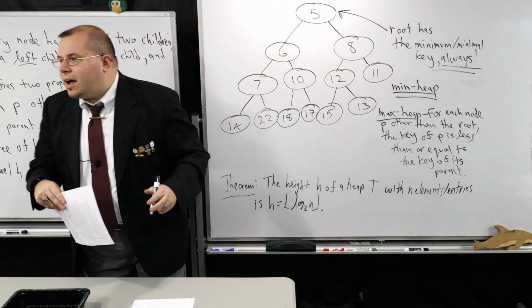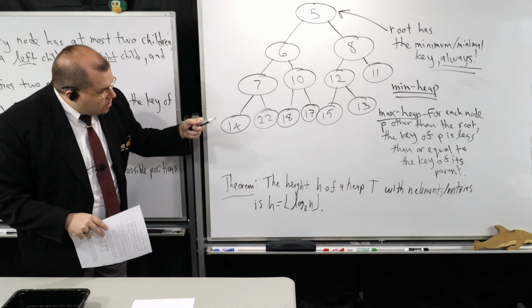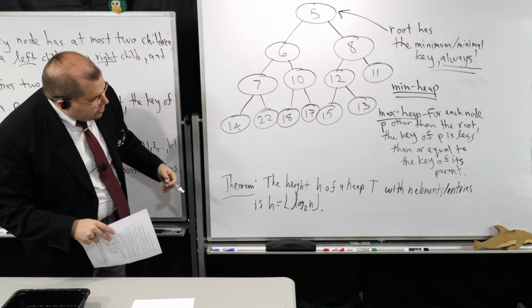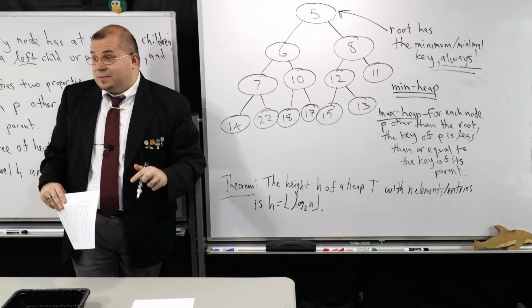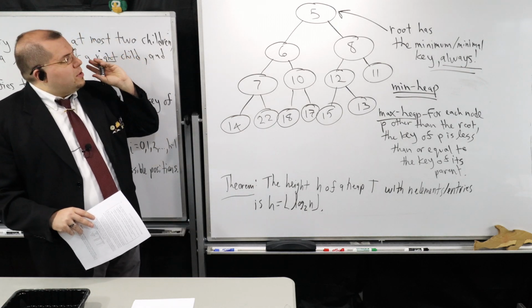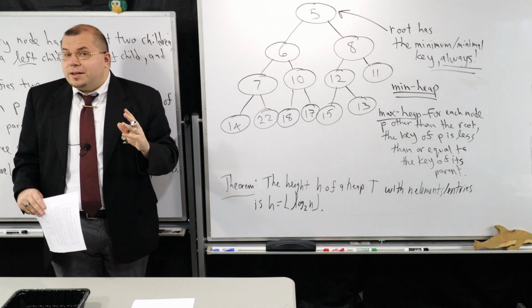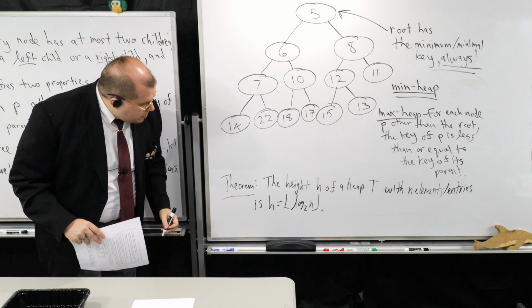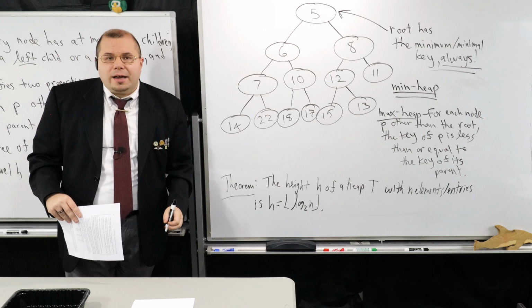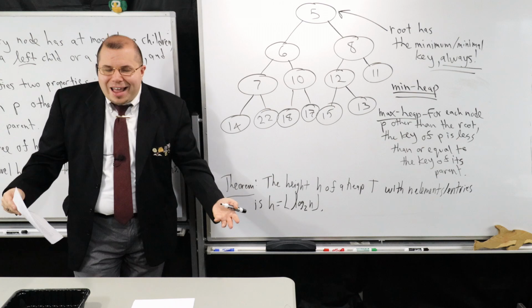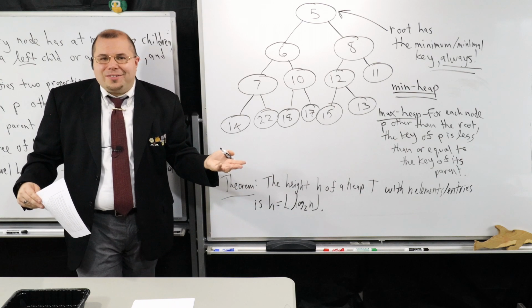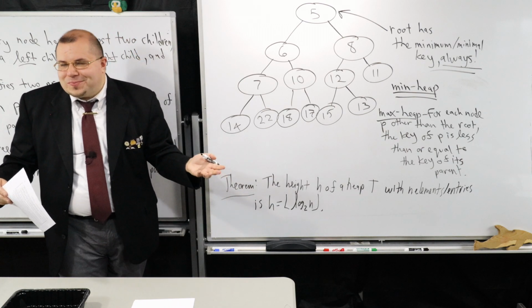So the height of a heap, when I give you n elements, is logarithmic. So the question I have for you is, what's the floor of log base 2 of n in terms of big theta? It's big theta of log base 2 of n, right? Or just log n.